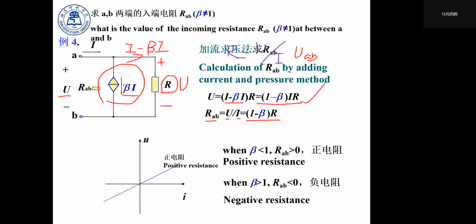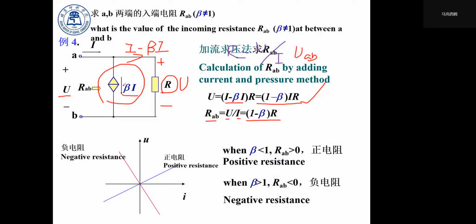So we can see from the current-voltage characteristic curve that if we have a beta less than 1, we will have a normal positive resistance. The total network works like a resistor.